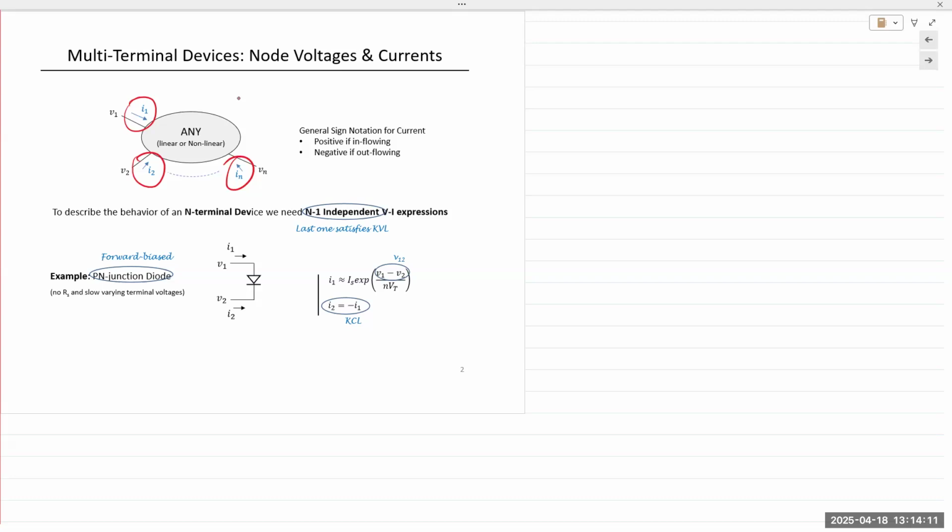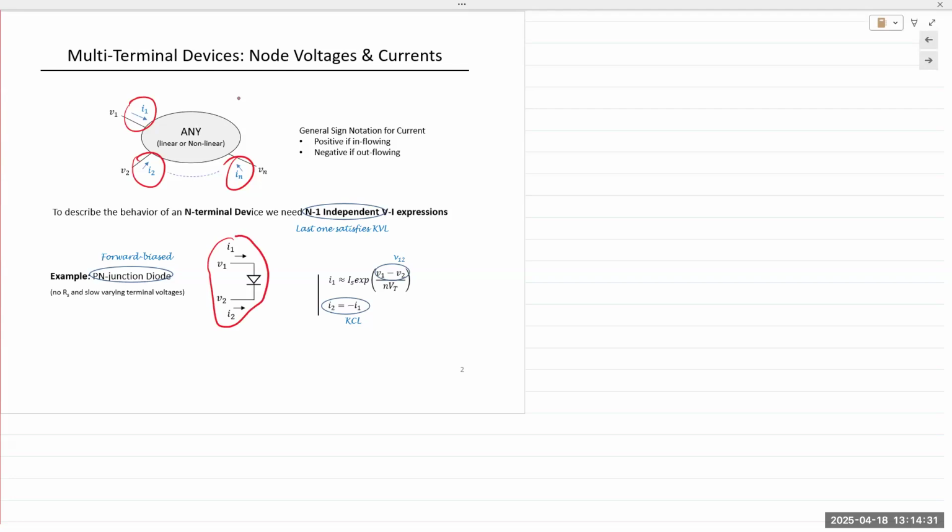And then node voltage analysis, that you might have studied in 115 perhaps, we can apply node voltage analysis, or nodal analysis, at the outer terminals also. In the PN junction diode, we saw that we have an anode and a cathode.